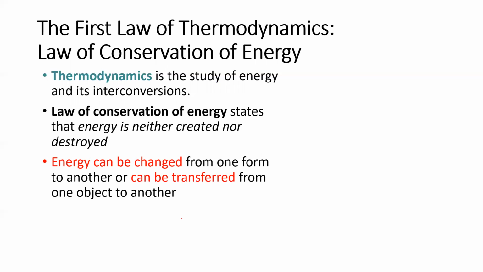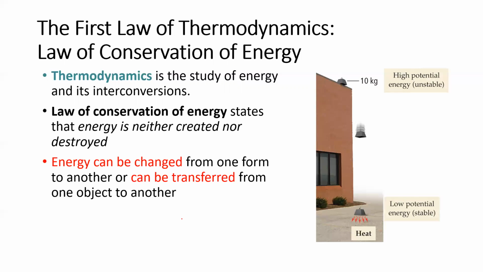Energy can be changed from one form to another or transferred from one object, let's say the system, to another, the surroundings. And I'll leave it at this, where I have a system, I have an iron bar here, or anvil.